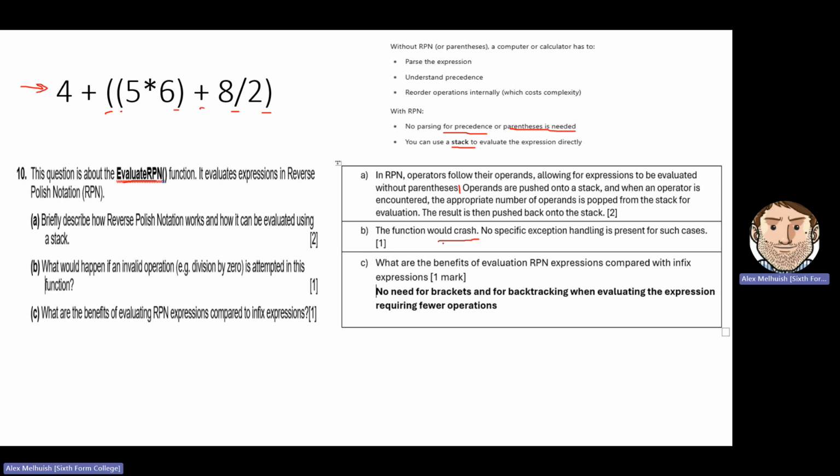It's just eat, sleep, repeat. So there's no need for brackets and no need for backtracking or any complex parsing required to evaluate the expression. So it's going to be done more quickly as well. So being really clear about that, I think, is important.